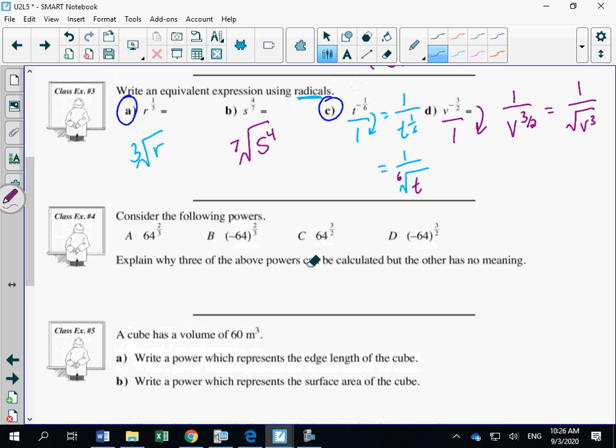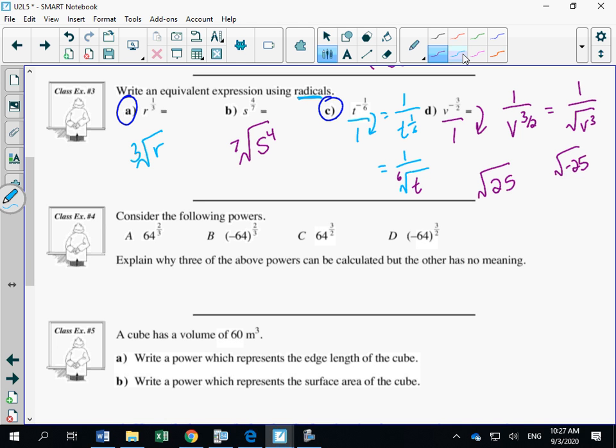Okay, I want everybody to type in on your calculators the square root of 25 and the square root of negative 25. So type both of those in your calculator. One of these will give you an error when you type it in.